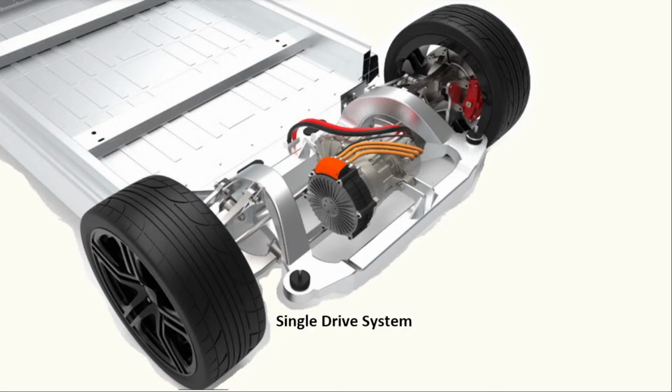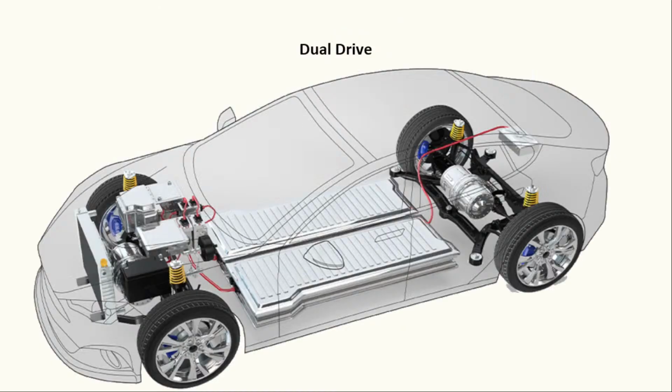So here it's a single drive system, either front or rear, we can keep one motor and drive our system. Then it's a dual drive. Compared to single drive, it has more capacity, more range, like more power range.